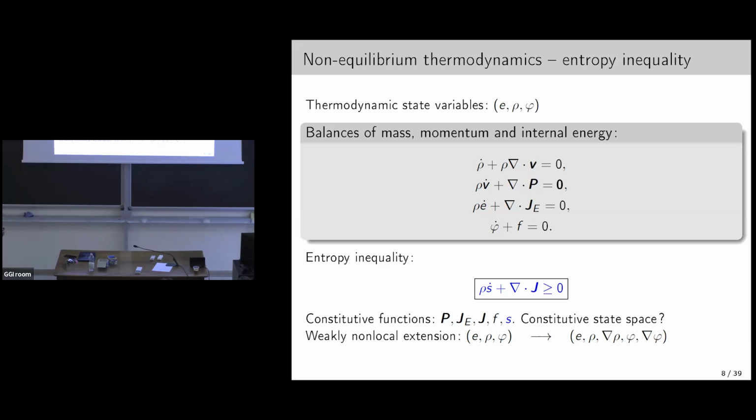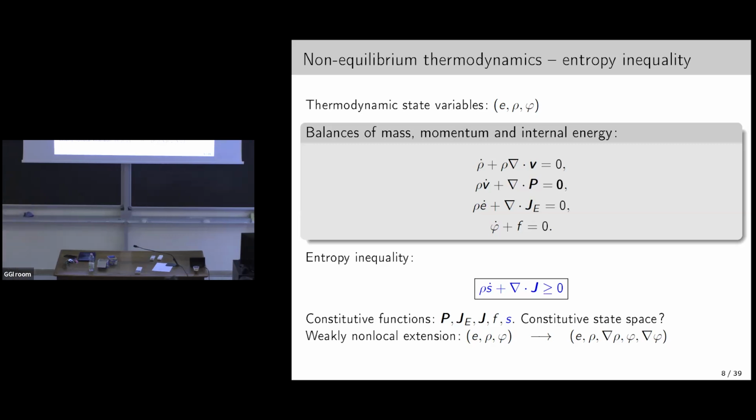In this case, our thermodynamic state variables usually, this A is by the way a mass-specific quantity, so not density, but it's not really important here, are the variables of the entropy density. And what we would like to do is to solve the entropy inequality, which is assumed to be valid under the assumption that the balances are valid. So all along the solutions, it should be valid.